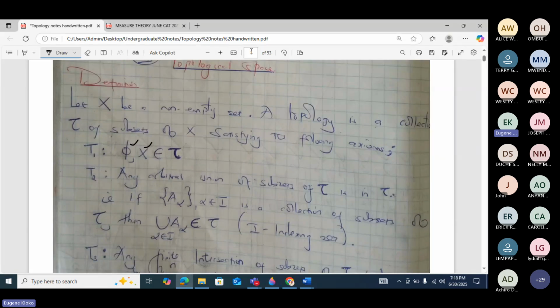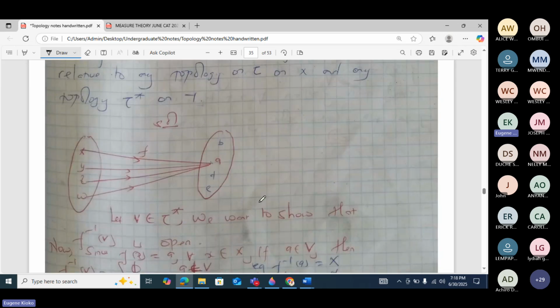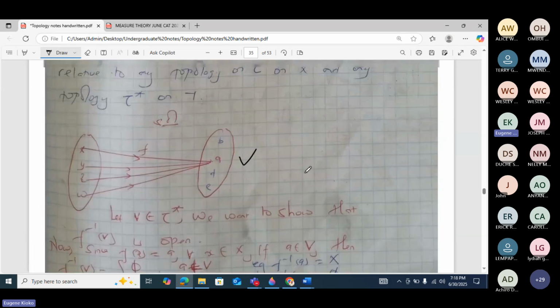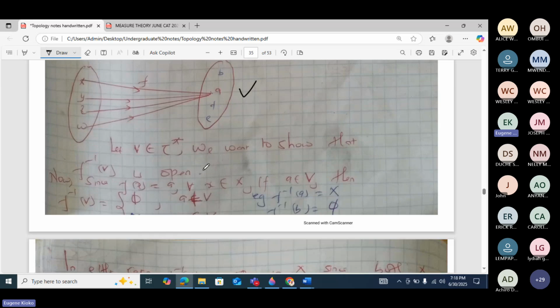So this was page 5, I think. So you can see here, let V be in tau star. Then you want to show that the inverse is open.